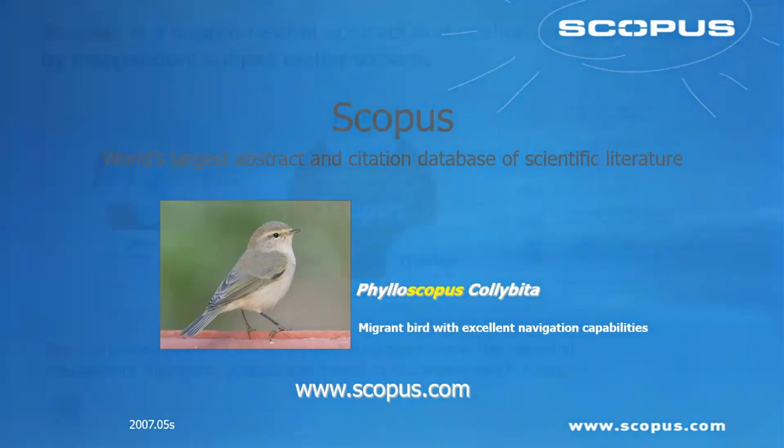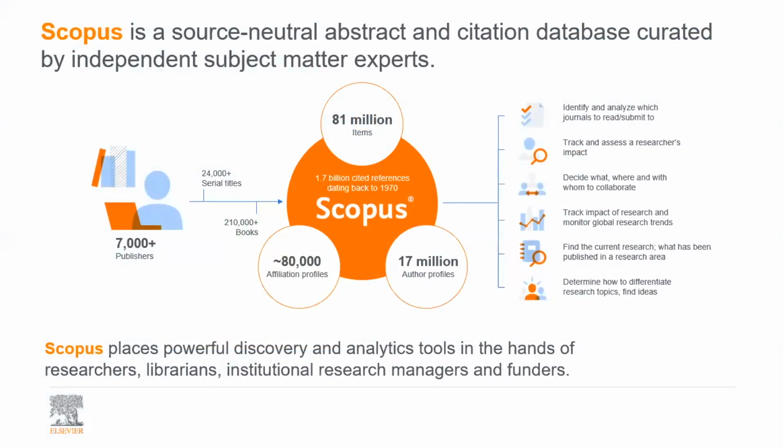So let's take a look at a little bit of numbers. Scopus is a source-neutral abstract and citation database, which is curated by independent subject matter experts. It covers 81 million items, including records from journals, books and book series, conference proceedings, and trade publications, across 17 million author profiles and 80,000 institutional profiles.